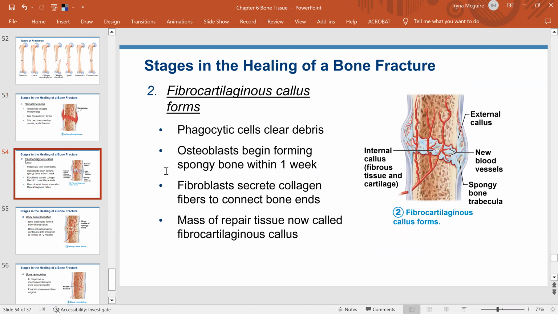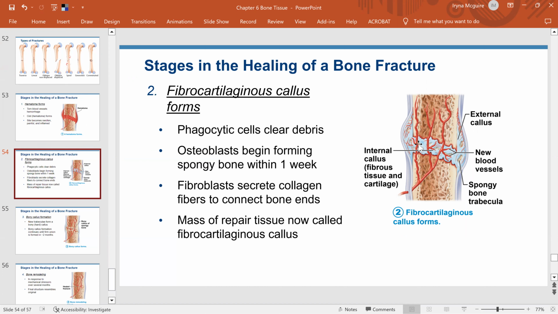The only thing I think over here might be a little bit confusing is that even when we form the fibrocartilaginous callus, we start the formation of spongy bone within 1 week, right? So it doesn't mean that you form the cartilage completely, right?